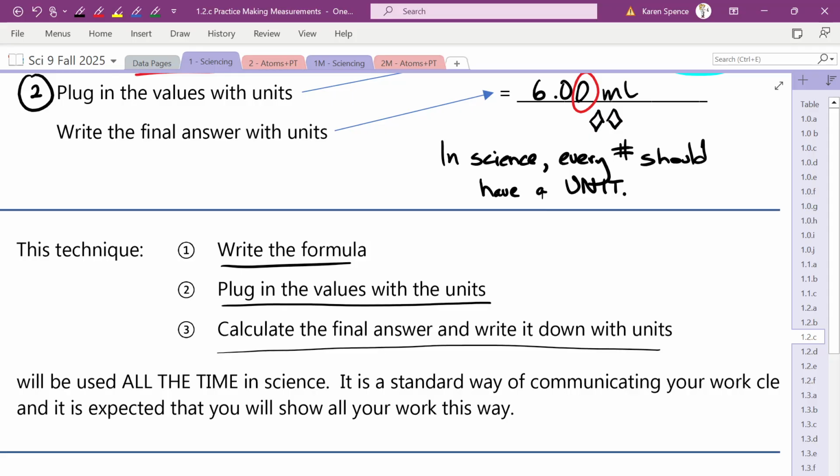Okay, good. You're going to fix that. So yeah, okay, so that's good.